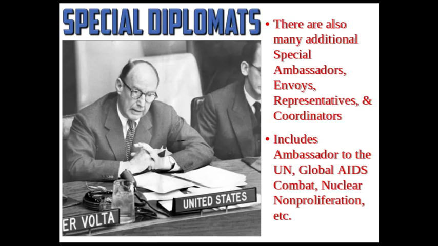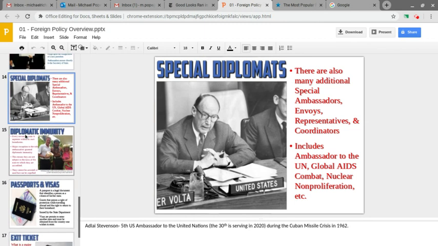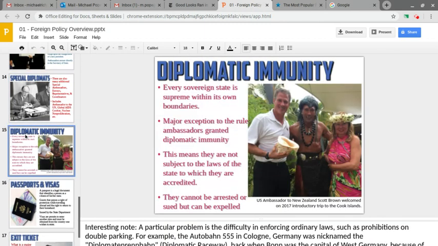And one reason that he's such a well-known ambassador is that he was in office in 1962 during the Cuban Missile Crisis. So he was an officer during a major time of foreign turmoil. All right, let's keep cruising, shall we?